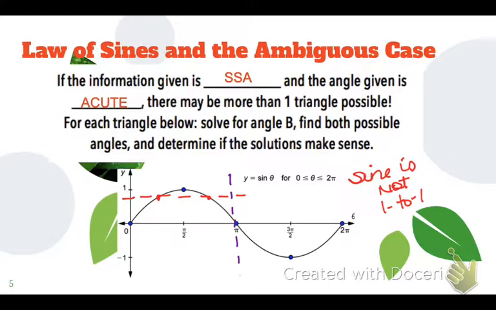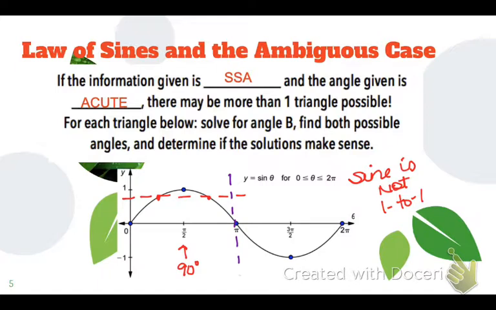And so if one of these angles is less than 90 degrees, an acute angle, there's going to be another angle on the other side that is also going to give us that sine value. Your calculator is programmed to only give you the smaller of those two numbers. So your calculator recognizes basically the fact that there's more than one answer, but it is programmed to give you the smaller answer. So you have to be able to recognize this scenario yourself and know how to find the other angle.